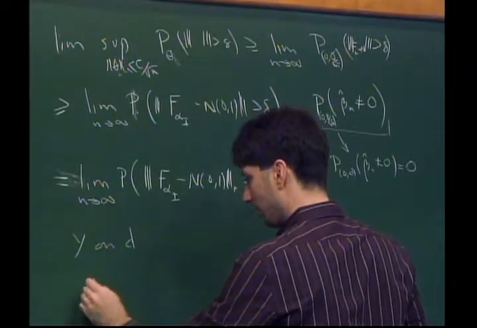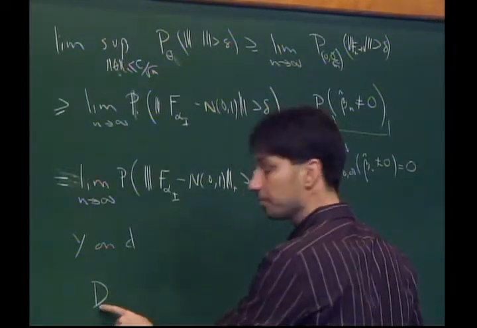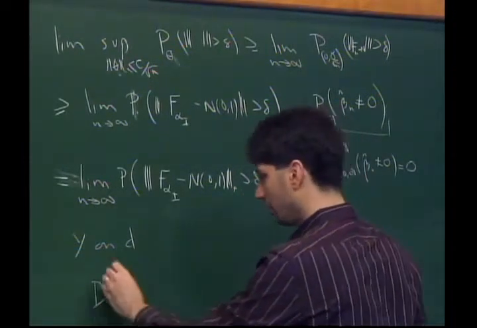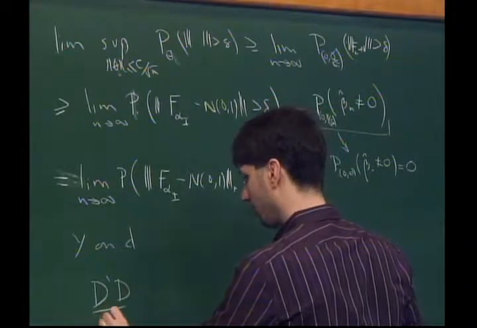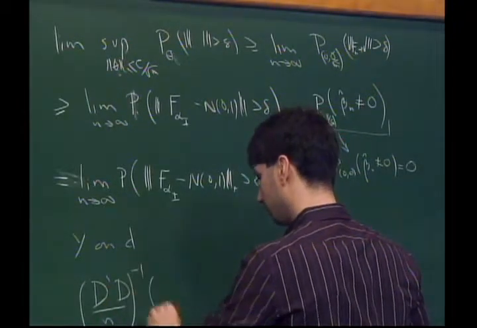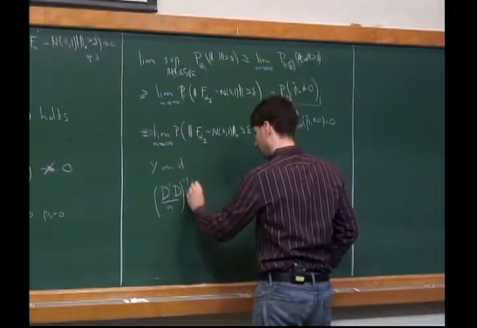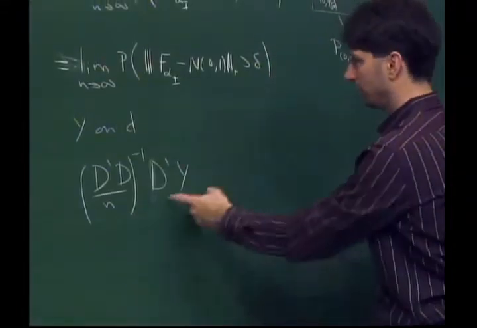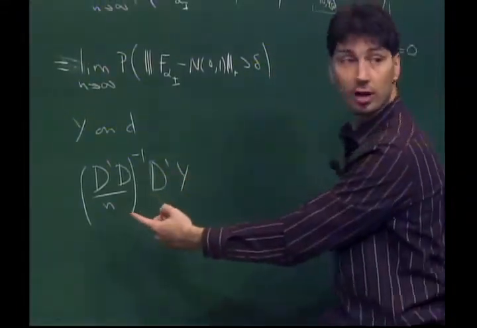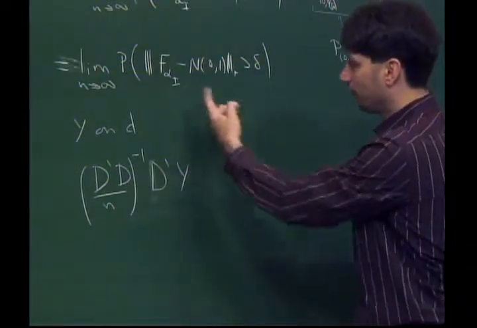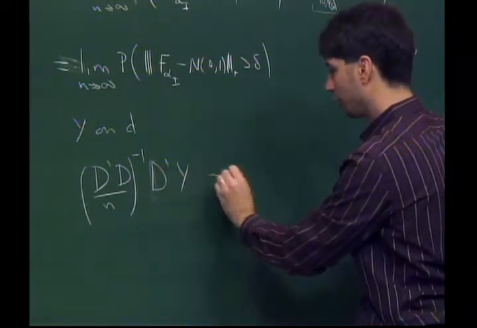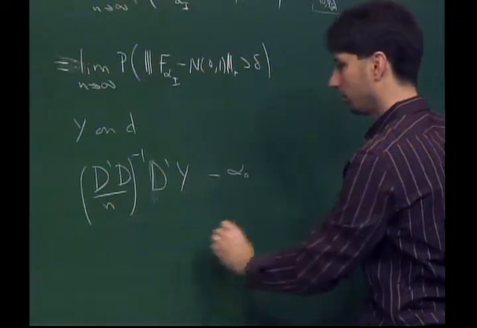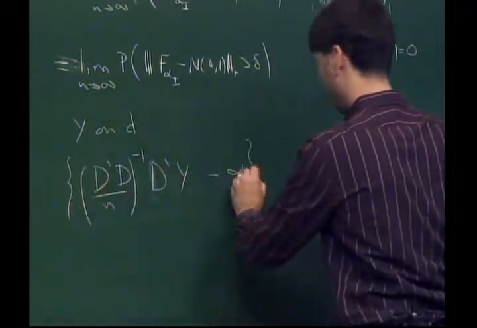So if I take a big matrix with all the components of d, this is d transpose d over n, inverse, times d transpose y. That's the estimator alpha 1. And I need to subtract alpha naught and multiply by root n.